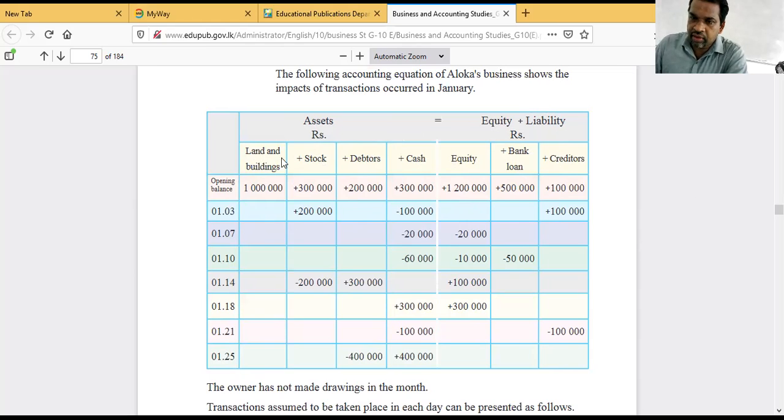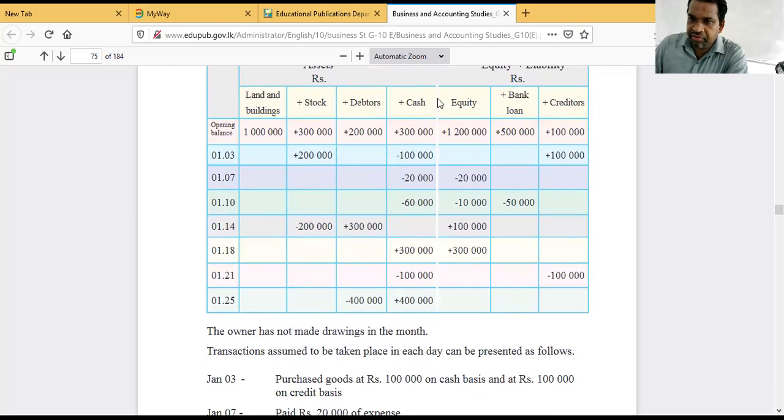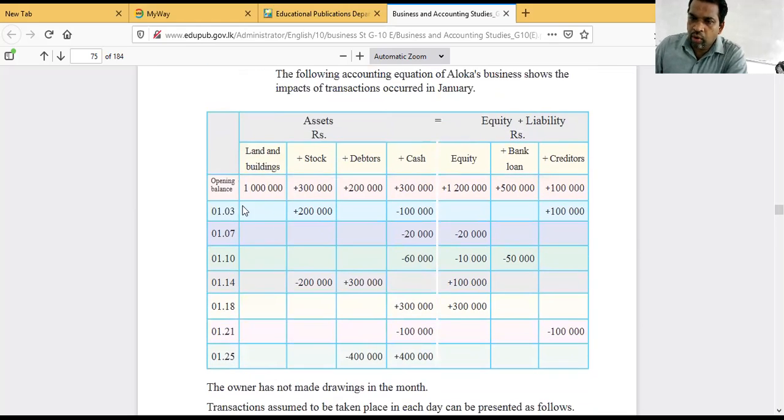Then you have to explain each transaction that occurred in the month of January. In addition to this structure, you are given additional information also. The owner has not made drawings in the month of January. Therefore, you can't consider any of these given values as drawings. That means the owner has not taken either goods or money from the business for personal use. Drawings means if the owner has taken goods or money for the owner's personal use, then it is called drawings.